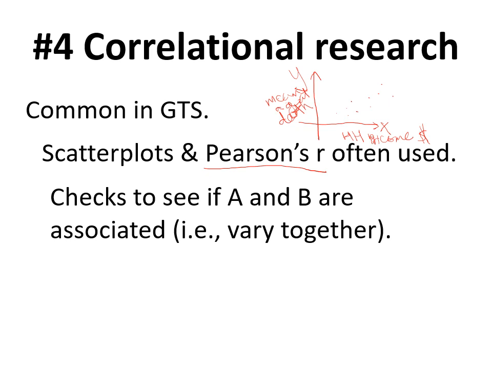Correlational research checks to see if A and B are associated, or do they vary together, is another way to think of this. So associated is the word that you'll see used frequently with this.